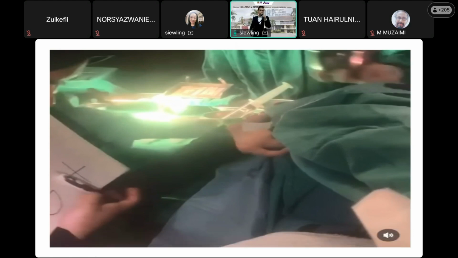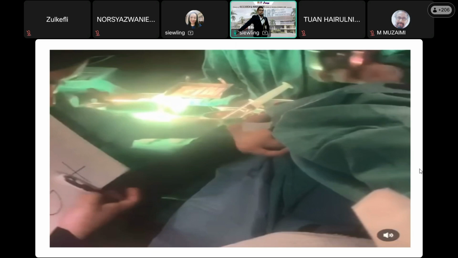From the video we saw just now, it is actually an awake craniotomy being done, where we did intraoperative neurological assessment, assessing the language of the patients and also the motor function of the patient during the surgery at the eloquent area.